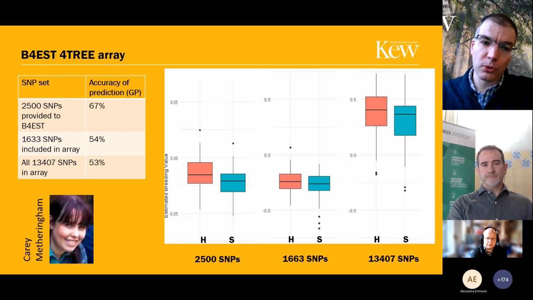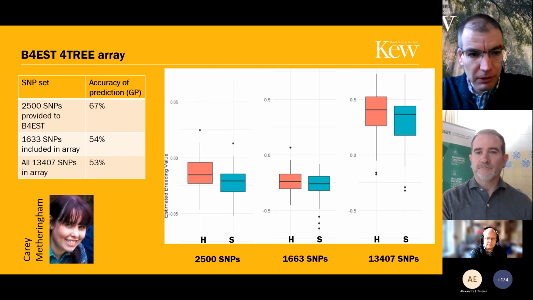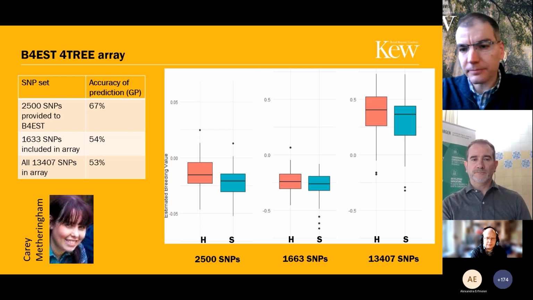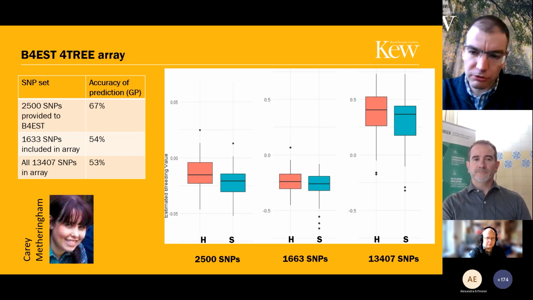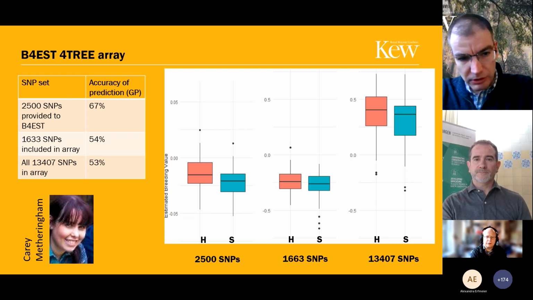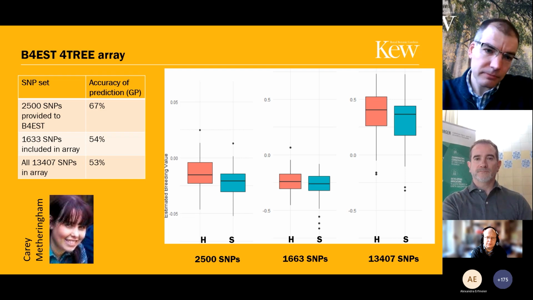And the Bee Forest Consortium sought to include all of those SNPs in their chip, but they could only include 1,633 because of the practical constraints of the array. Unfortunately, when we then tried to do predictions based on the ones that had actually been included in the array, our predictions were not very good.